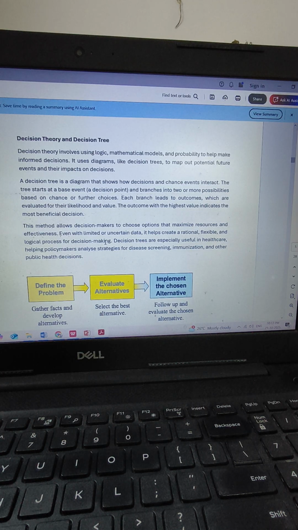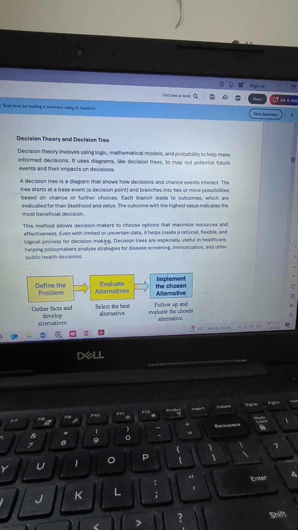For example, if I choose to screen patients who are living with hypertension, then there will be two branches coming out of that. One will talk about what is the positive result that I will get if I choose to screen people, and then another branch will talk about what will happen if I don't choose to screen such people.